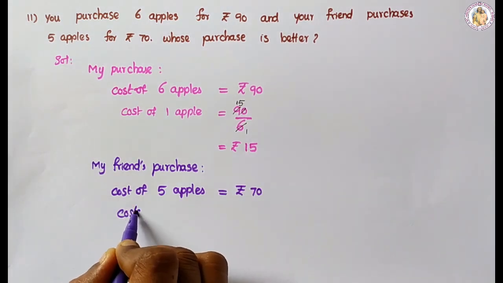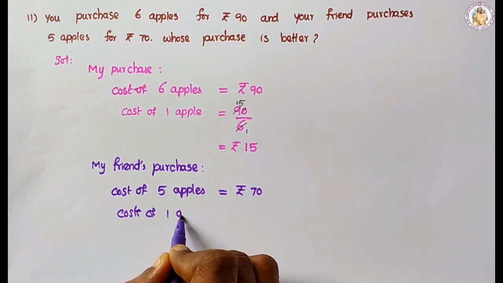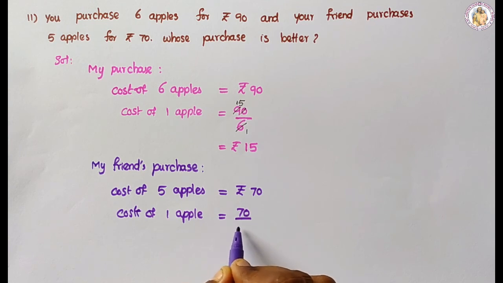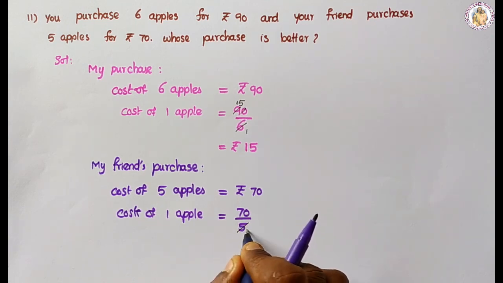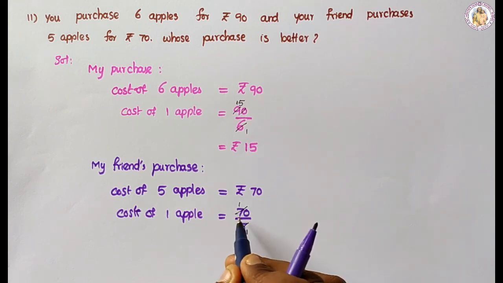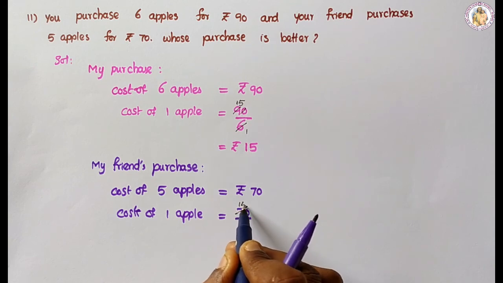So cost of 1 apple equal to 70 divided by 5. Cancel this. 1 5 is 5. Here also 1 5 is 5. Balance 2. It becomes 20.